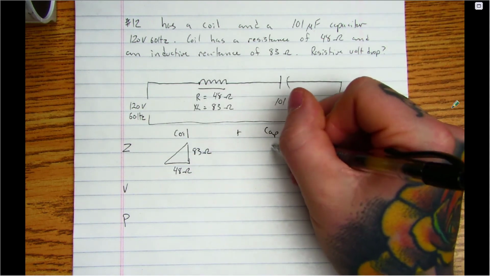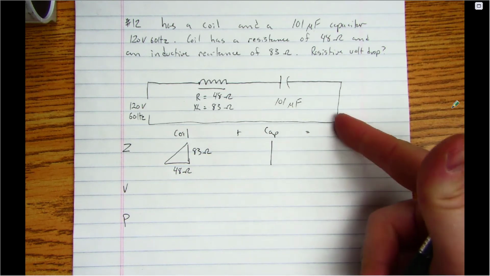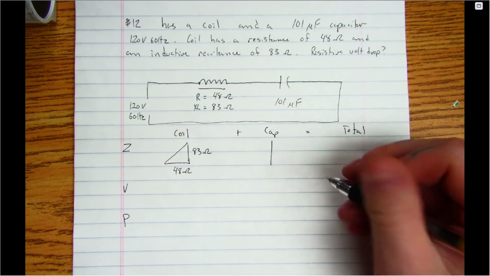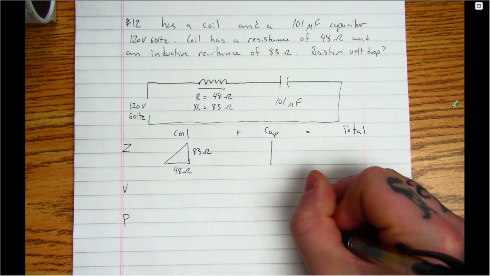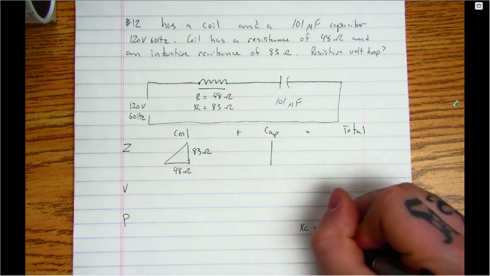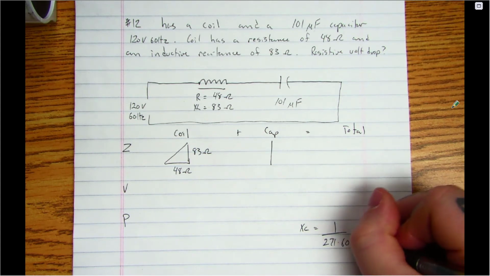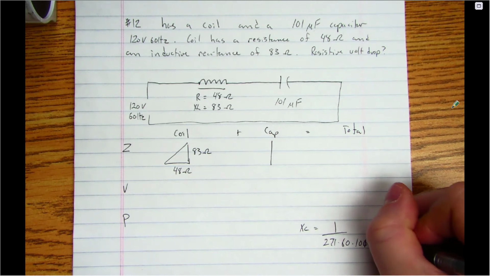My capacitor is just a reactive component, so I'm going to have to get that microfarad into an XC. My XC formula is equal to 1 over 2 pi times the frequency, which is 60, times the microfarad, which is 101, times 10 to the negative 6.